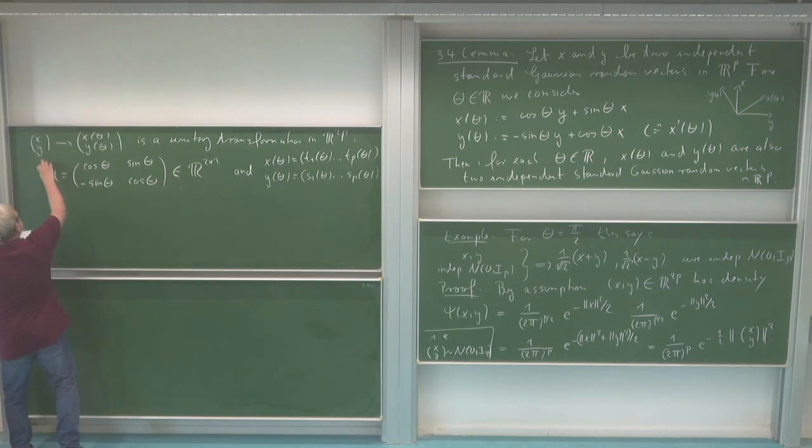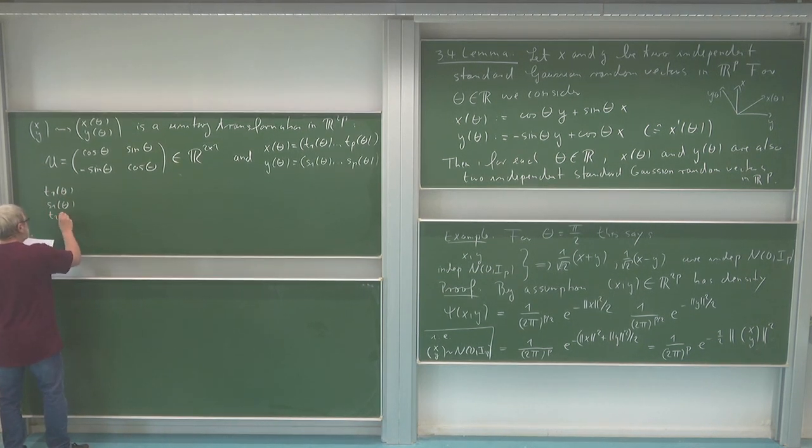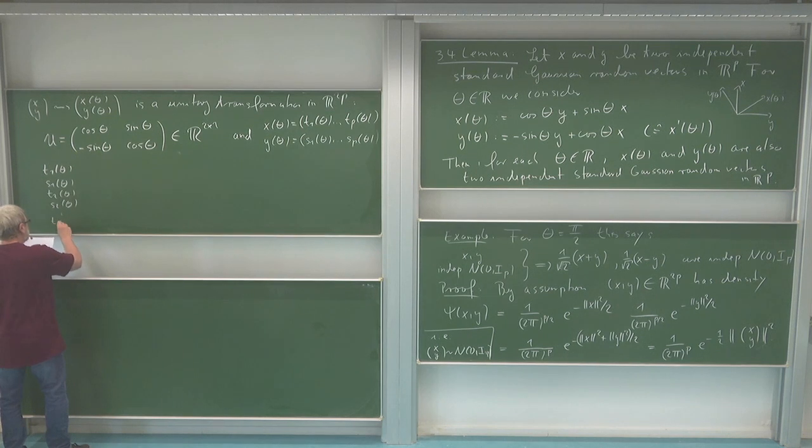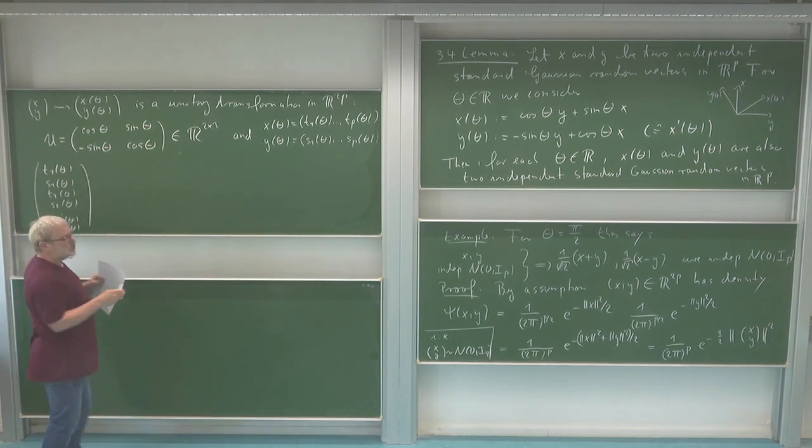So this is t1 theta, and then s1 theta, t2 theta, s2 theta, and so on, up to tp theta, sp theta, just a reorganization so that I can write the u in a better way.